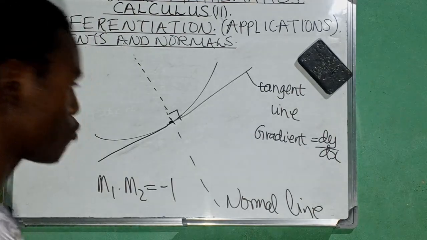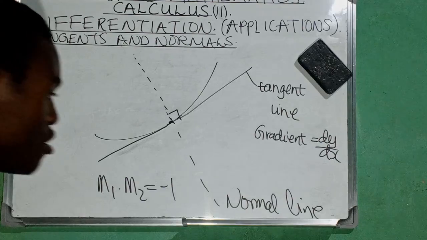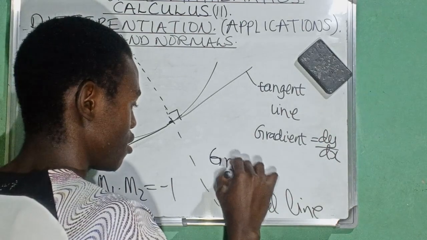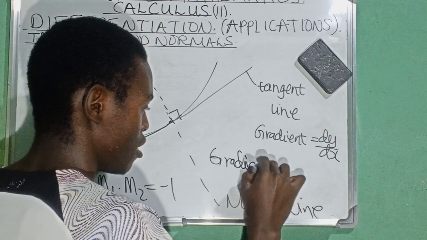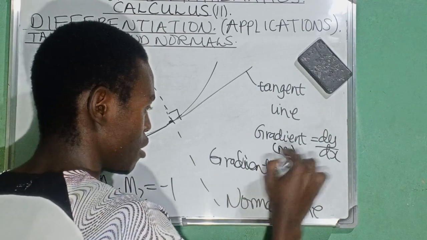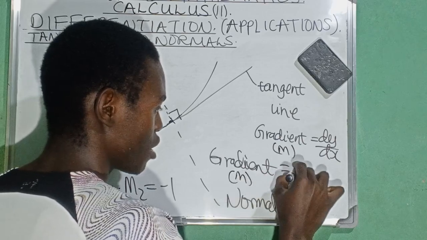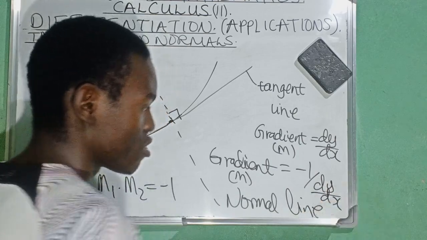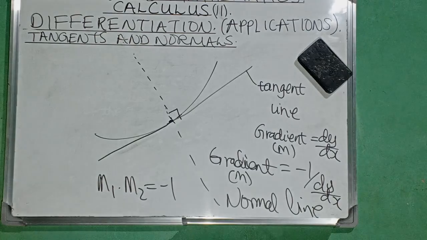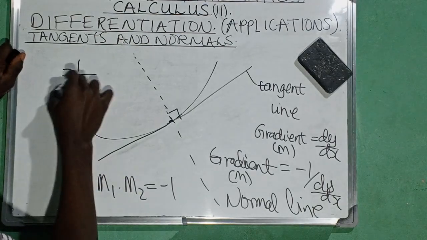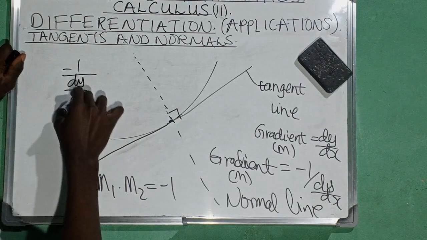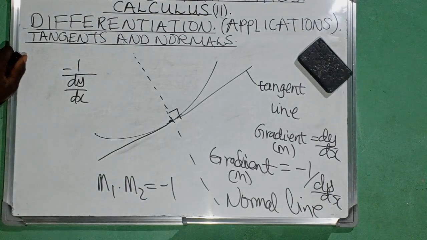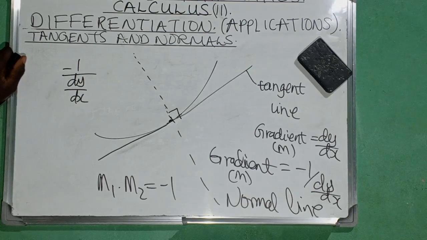So the gradient for this normal line is going to be, which you can also substitute for m, gradient or m is equal to -1 over dy dx. Let me write it here. -1 over dy dx. That's how it would look. That is the gradient for the normal line. So that's what we have to know about tangents and normals.